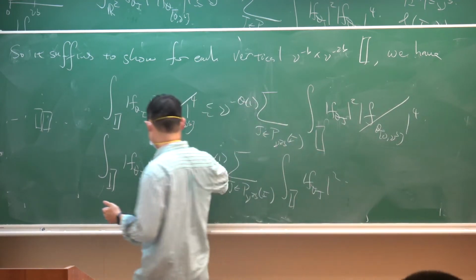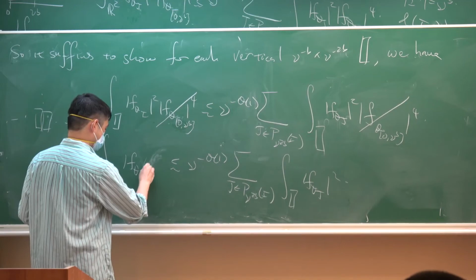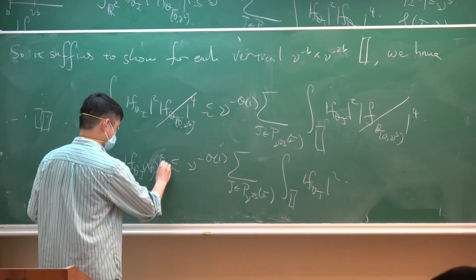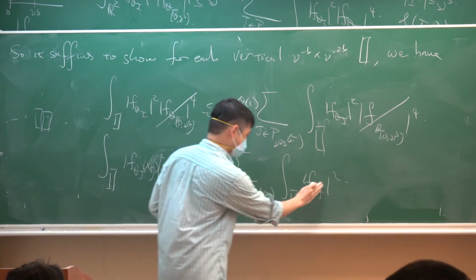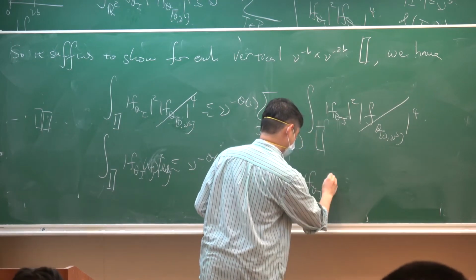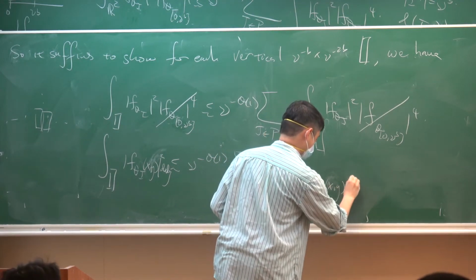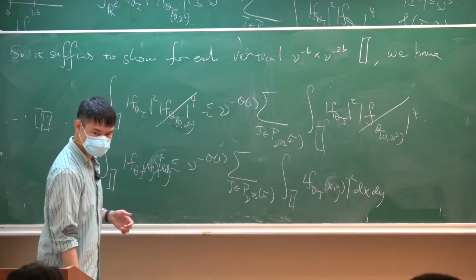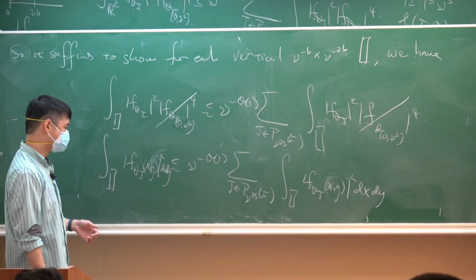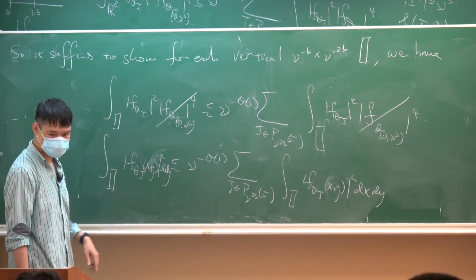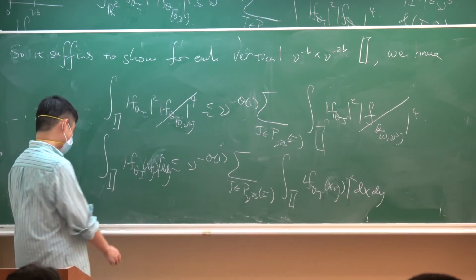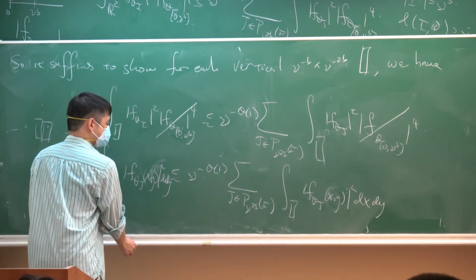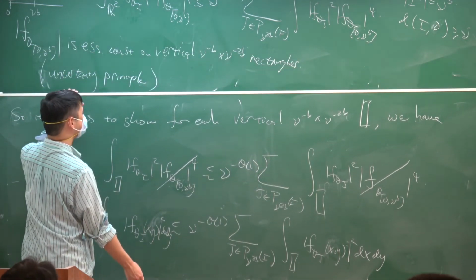This is of x comma y squared dx dy. Great. So let's freeze x and look at the y direction. Well, let's keep that here then.